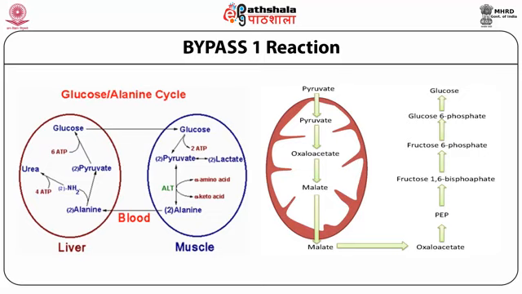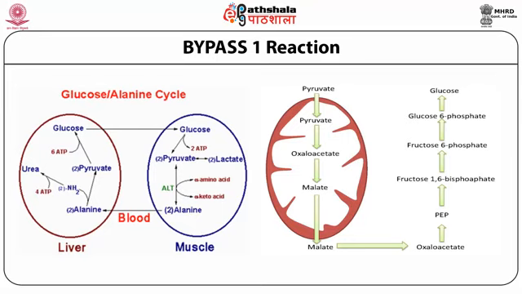Now the glucose which is synthesized in the liver enters the muscles, where it is converted into pyruvate, releasing 2 ATP, and from pyruvate it is converted into lactate.